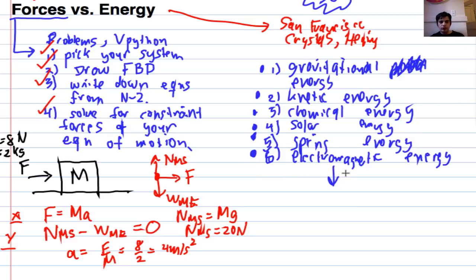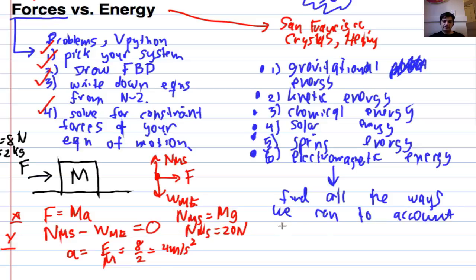And this is the rule that we're going to use that is really abstract: we are going to find all the ways we can to account for this energy number, whatever this weird thing is, in a system.